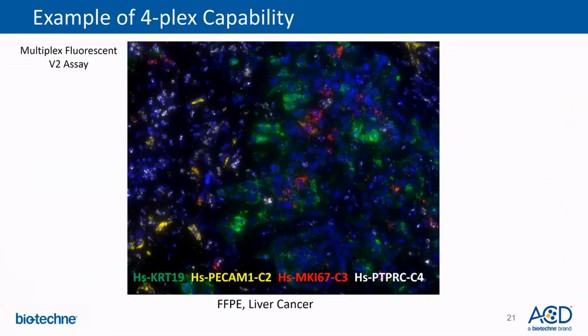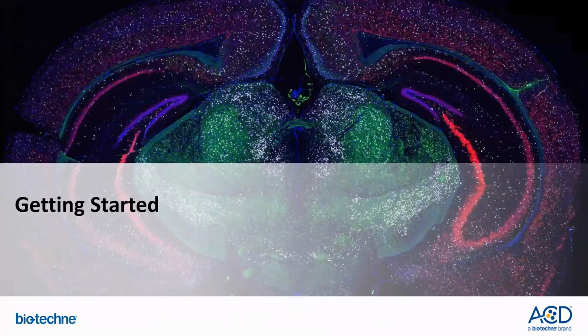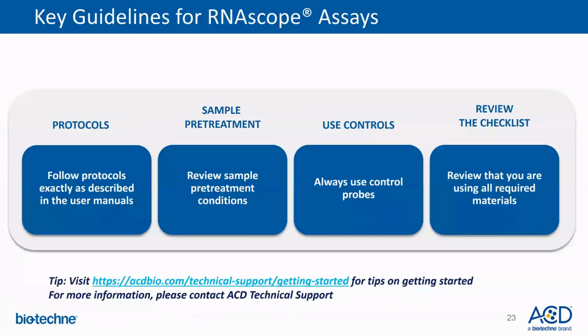I will now talk about things that you need to get started with your RNAscope assay. Here are some key guidelines for RNAscope assays. We strongly recommend that you follow the protocols exactly as described in the user manuals.